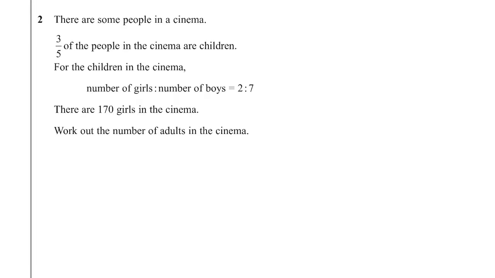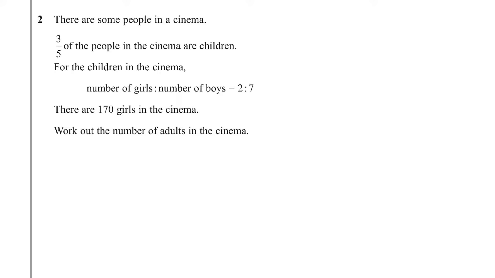Question 2, we've got people in a cinema. 3/5 of them are children, and for the children now, the girls to boys ratio is 2 to 7. And we're told that there are 170 girls in the cinema, and we need to work out the number of adults in the cinema.